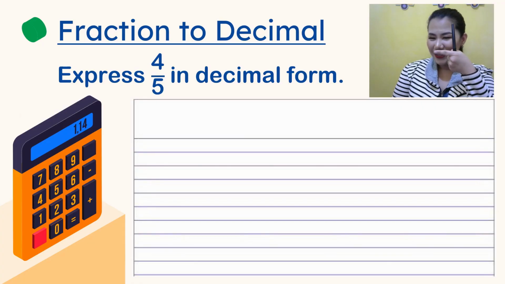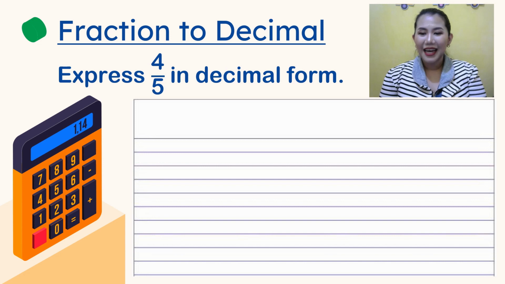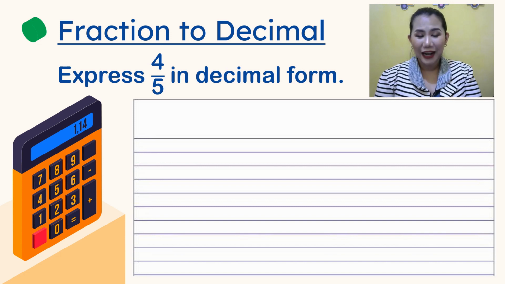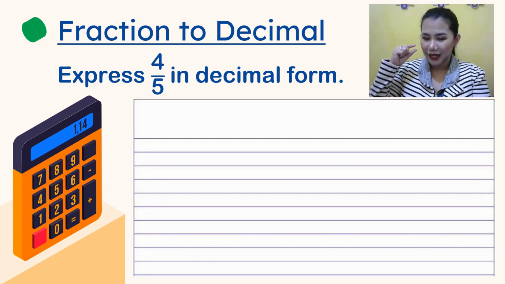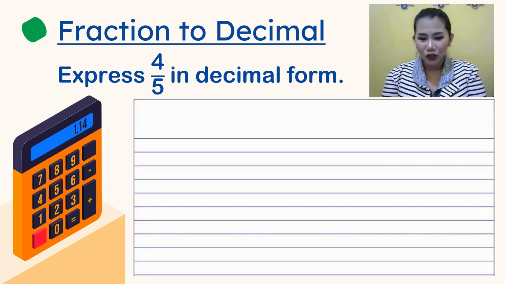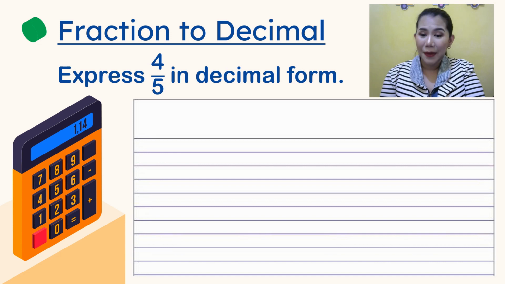Okay, so what we're going to have today will be changing fraction to decimal. Just a very tiny concept about fraction. Back when you were in elementary, you were used to writing dividing numbers like this, and then hinahanap natin yung sagot.